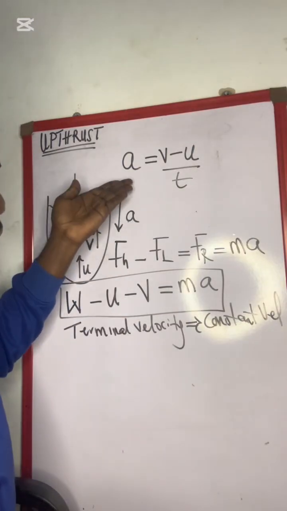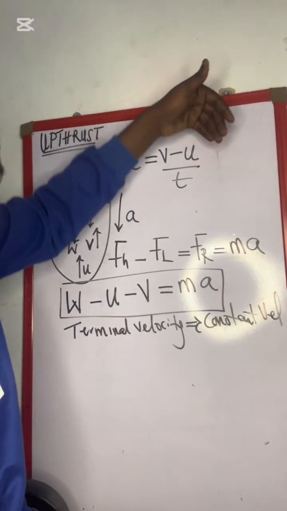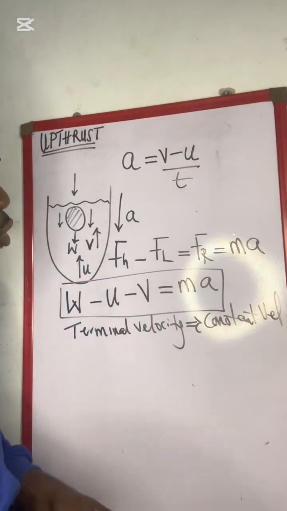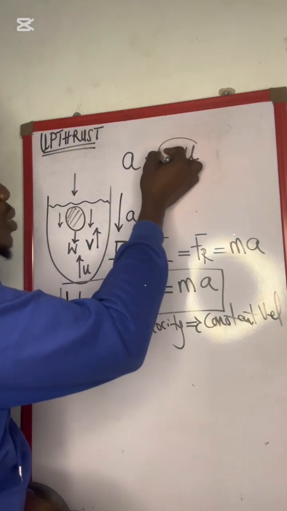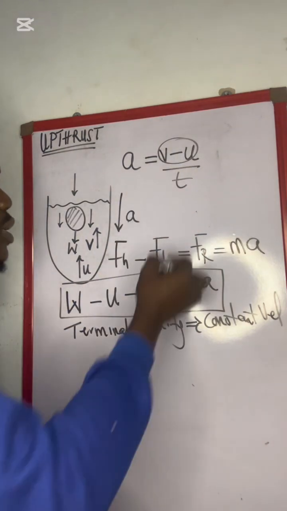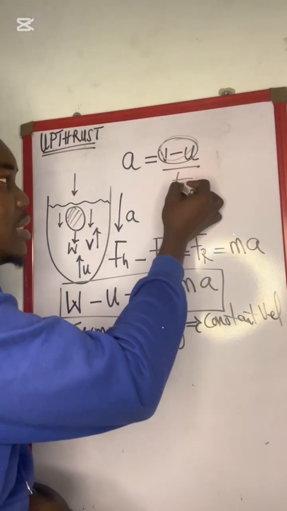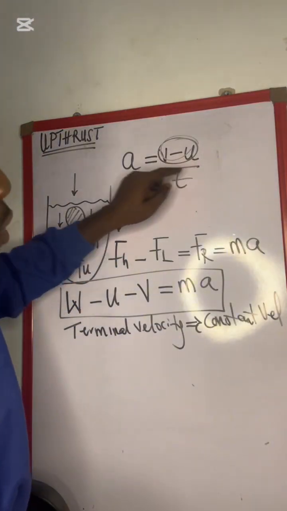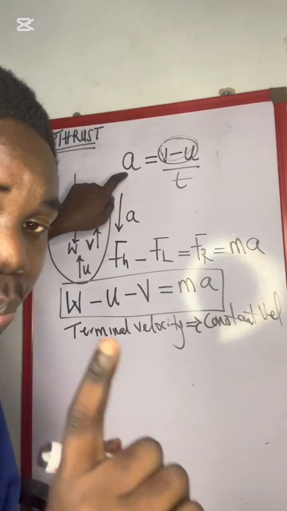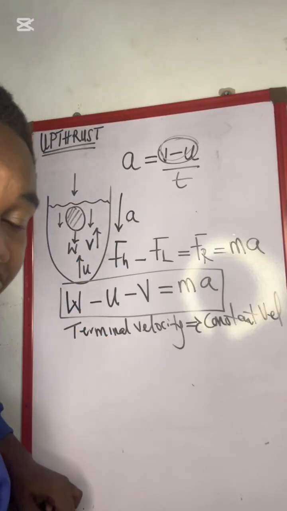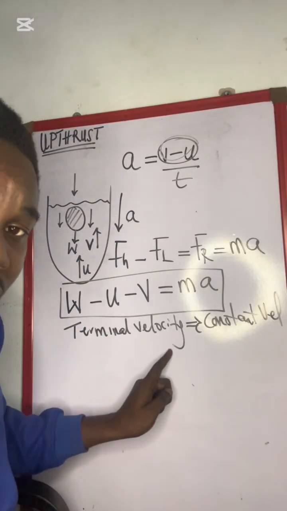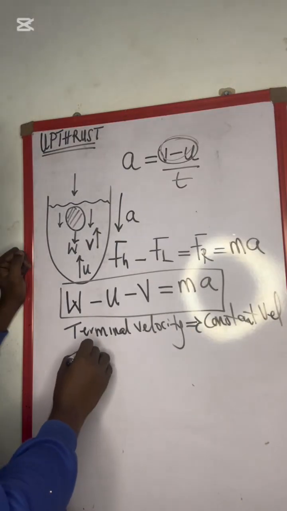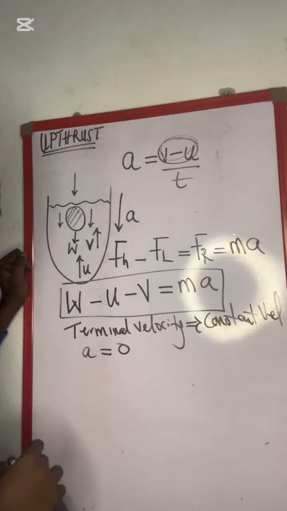If velocity is now not changing, the change becomes zero. What is 0 divided by t? 0. Whenever velocity is constant, acceleration must be equal to 0. Therefore, at terminal velocity, also called constant velocity, the object will not accelerate anymore.